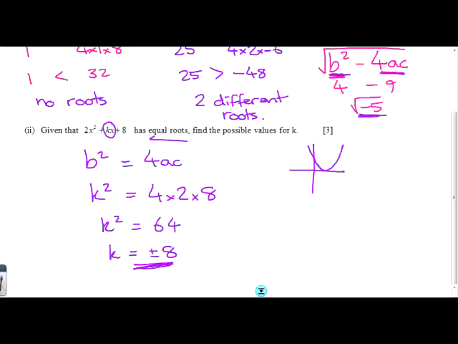I should probably say at this point, because you're probably thinking, if there's 2 different numbers, why are they not 2 different roots? But if you were to put a positive 8 in here and then solve the equation, you will see you get, I think it's 2. And if you put the minus 8 in there, you would get a graph that would be minus 2.